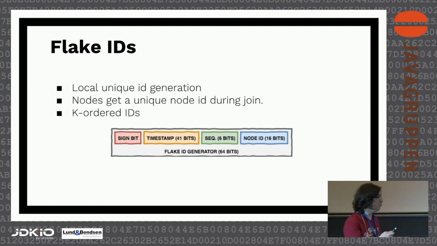And then we embed these integer IDs into our Flake IDs here, and we also put a timestamp component. So generated IDs are roughly ordered by generation time, depending on accuracy of the clocks on the servers. And we get rid of the remote call to the primary replica, and by embedding unique node IDs into our generated IDs, we get rid of the duplicate ID generation issue.